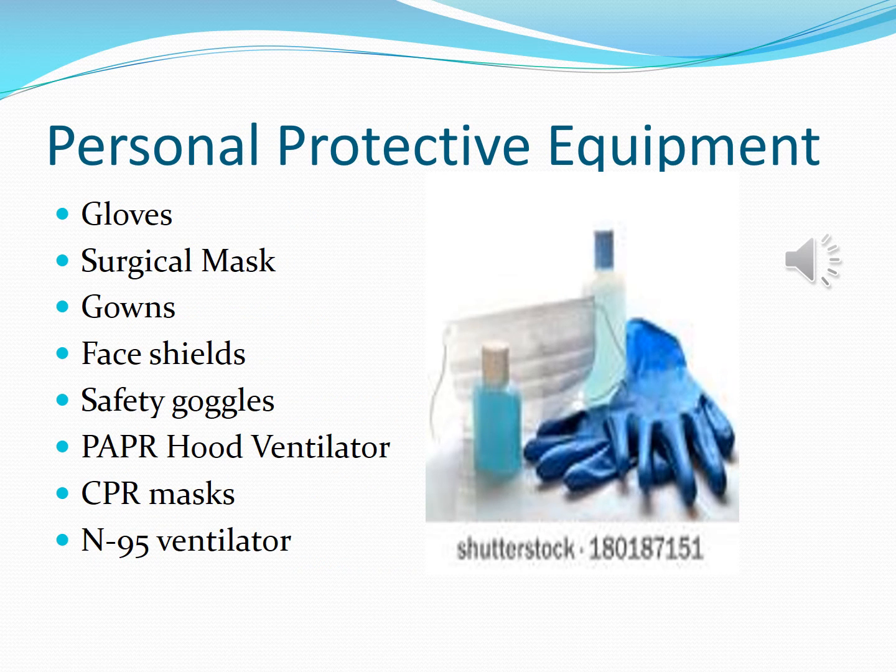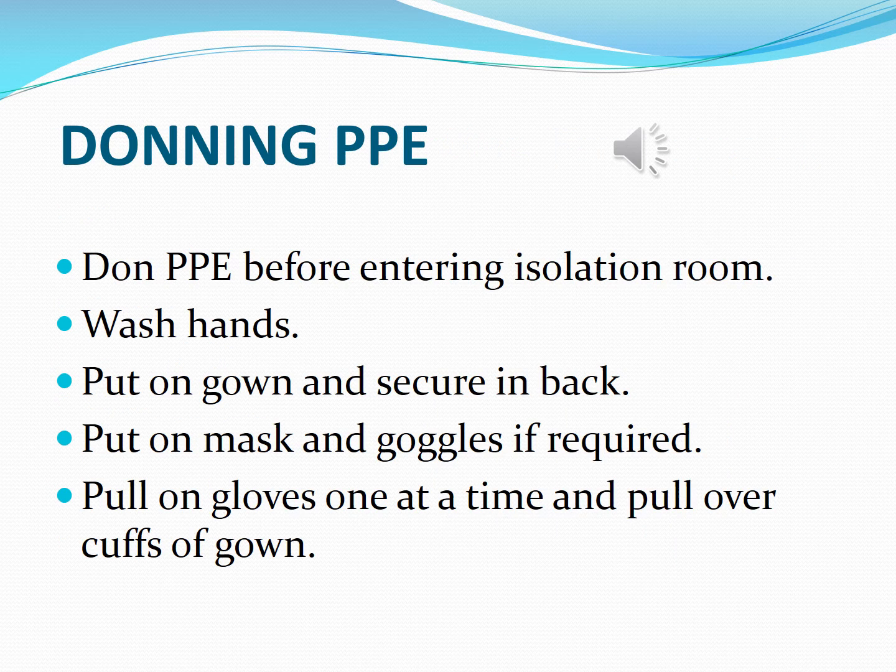Personal protective equipment includes gloves, surgical masks, gowns, face shields, safety goggles, PAPR hood ventilators, CPR masks, and N95 ventilators. Donning PPE. You must don PPE before entering an isolation room.